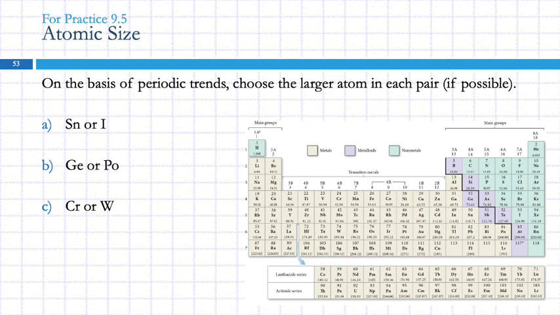On the basis of periodic trends, choose the larger atom in each pair if possible. So we need to find these. Our first one here is tin and iodine. Here's tin, and here's iodine. So we need to remember these trends. As we go down, they get bigger.